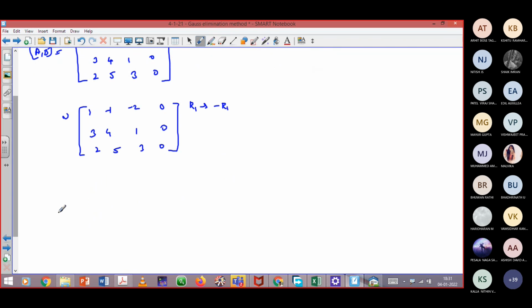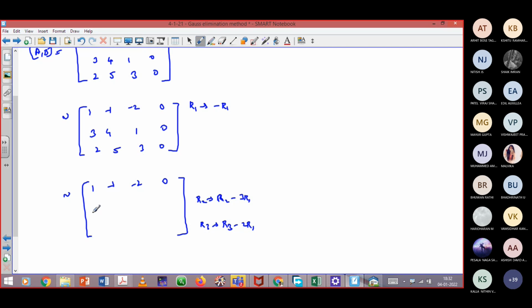Okay. So after this, now I can apply the elementary operation in R2 and R3. Anyone can guess what operation I can use here? R2 minus 3R1, very good. In R3, R3 minus 2R1.